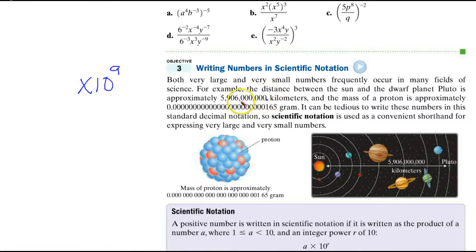The number of decimal places we move it over to make it a number between 1 and 10. So we've taken this very big number and written it in scientific notation by moving the decimal place over to make it a number between 1 and 10.